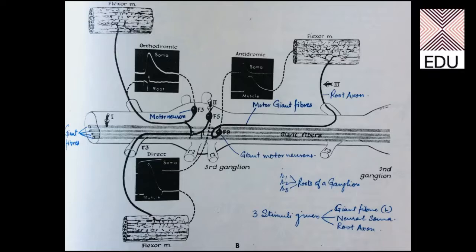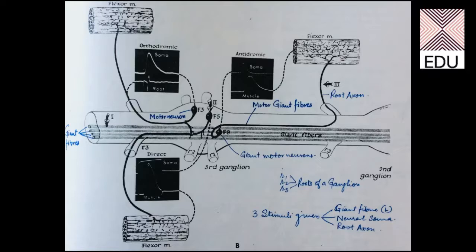Here it has been written as the 2nd, because we are going towards the head on the right side. So we have the 2nd ganglion on the right side, the 3rd in the center, and then the 4th ganglion will be on the left side of the diagram.